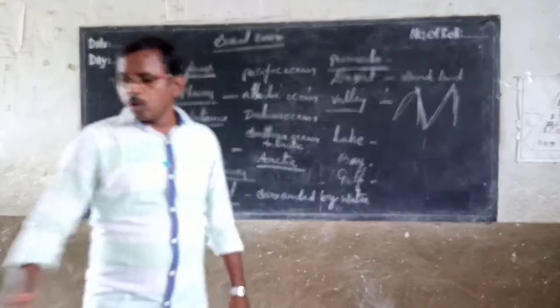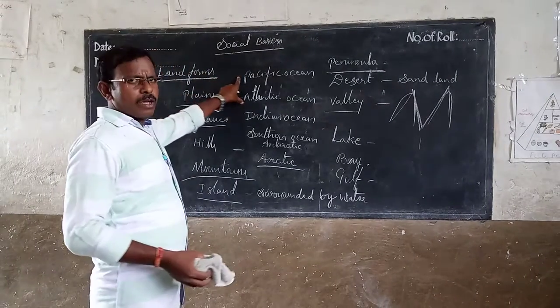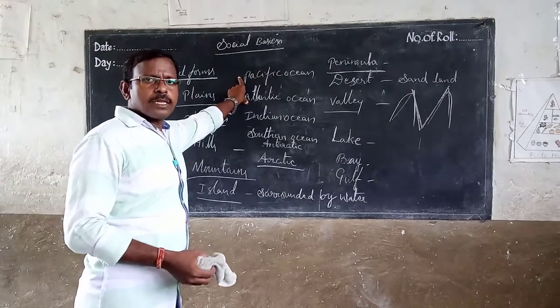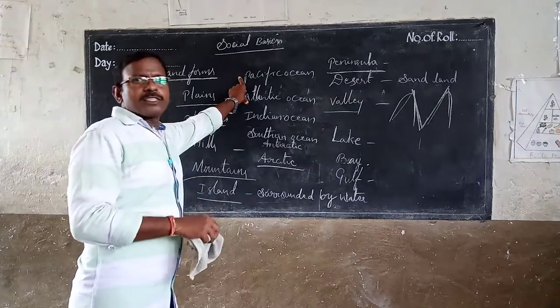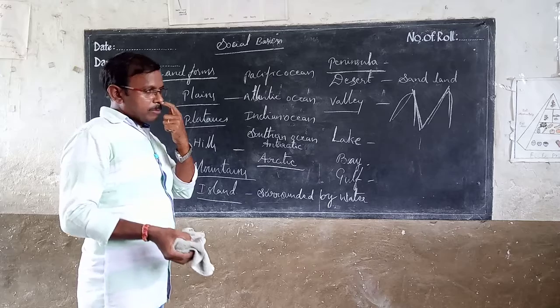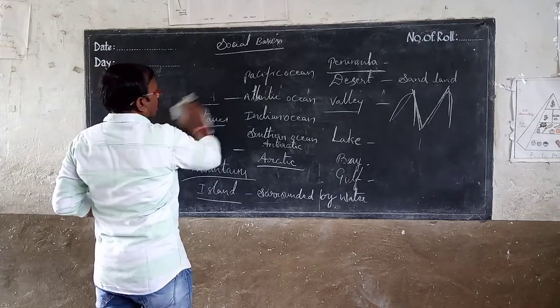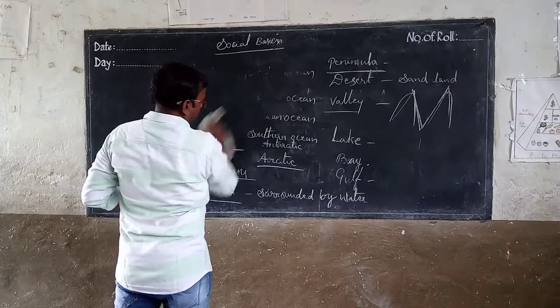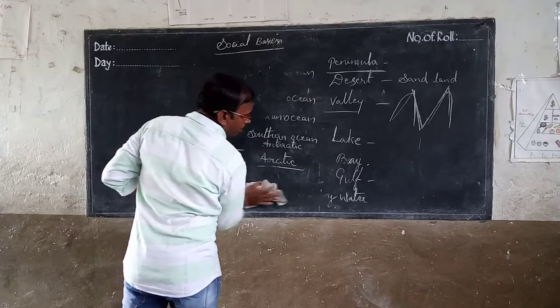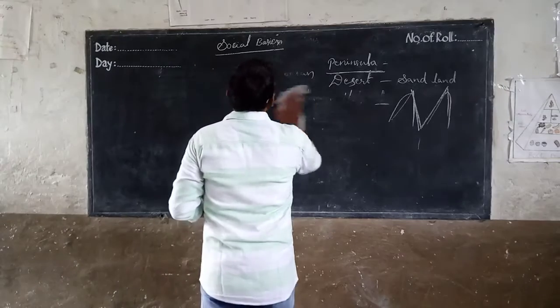Okay, next we will see something I actually had to discuss in the last video, but there was a somewhat problem, so I was unable to discuss it. Now we will see types of maps. Map features we discussed in the last video.